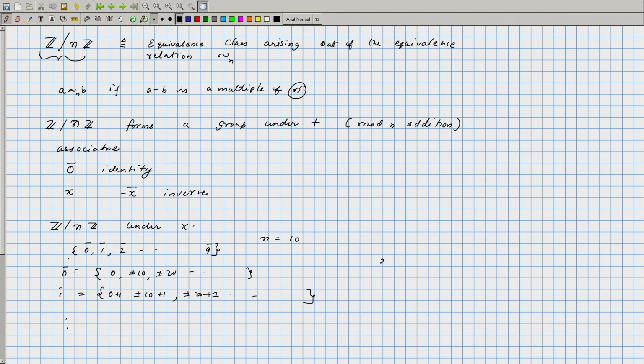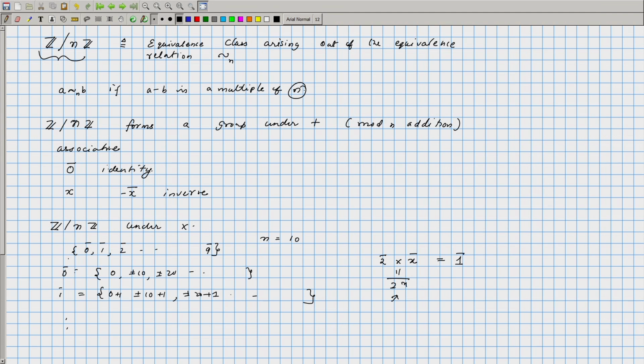Now, if we look at 2 bar, is there an element x such that 2 bar multiplied by x will give you the identity? Clearly, we need to check only elements 1 to 9, but one thing we can observe is that when you multiply 2 bar with x, we look at the equivalence class containing 2x, which is 2x bar. 2x is always going to be an even number.